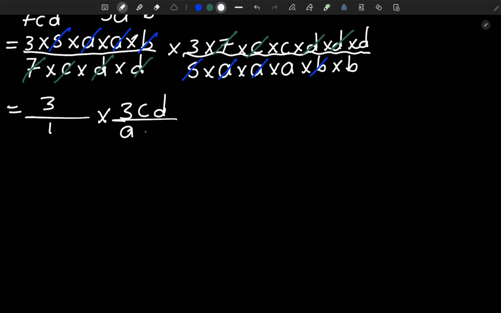So over a and b, then our final answer will be 3 times 3cd gives us 9cd over 1 times ab will give us ab. So this is now our final answer. Right, so we can now move on to question B.